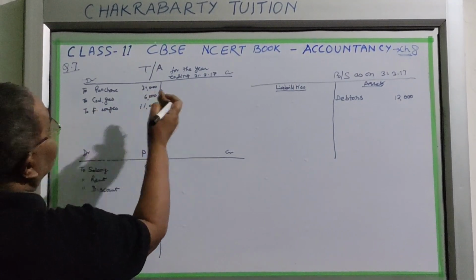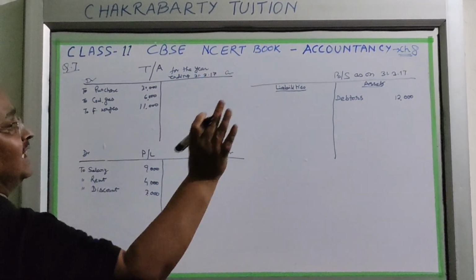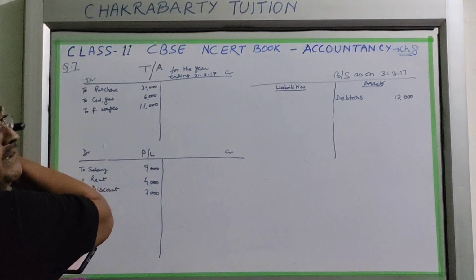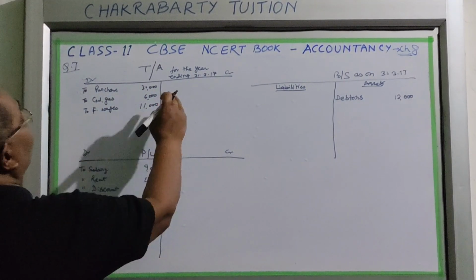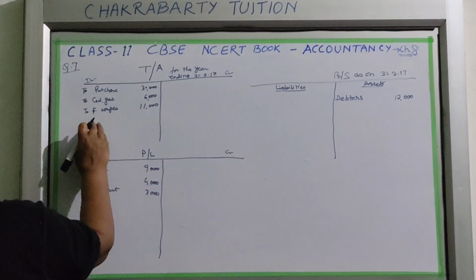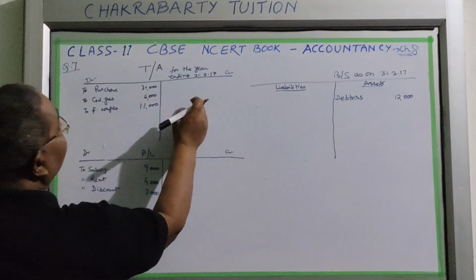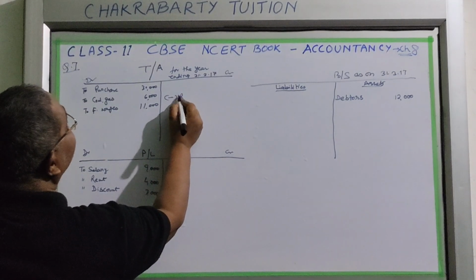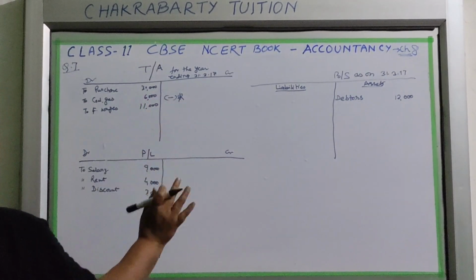You have to put it with sales due to the marshalling rule, meaning grouping of items. Sales and sales return should come together. For that, if any item goes to the other side, you put a minus sign, for sales return. Keep this in mind.